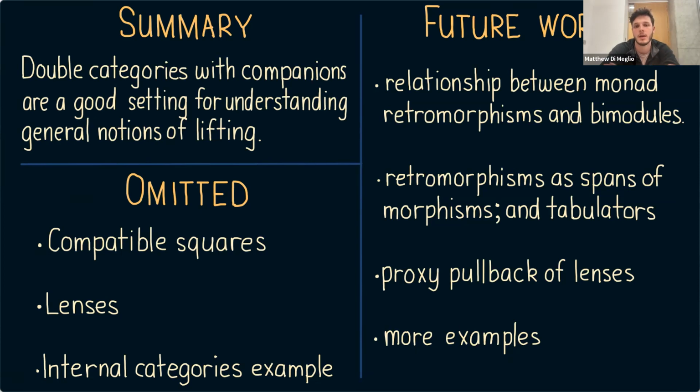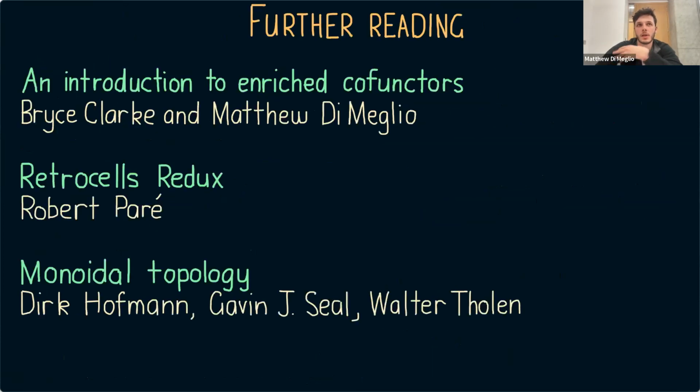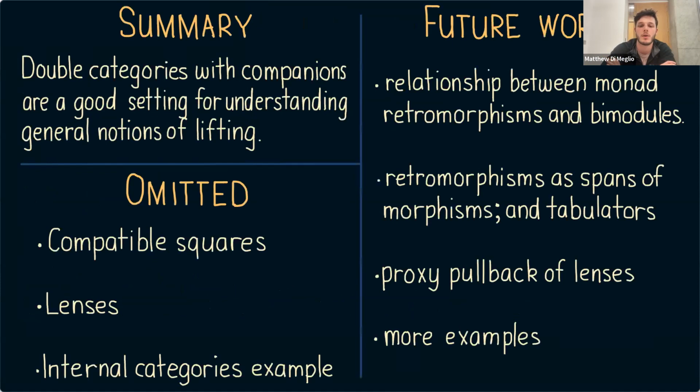What other kinds of interesting examples might be around? The final slide, which you can find if you look at the slides of the talk, will be some areas for potential further reading, but this is where I'm going to end the talk. So thank you for your attention.